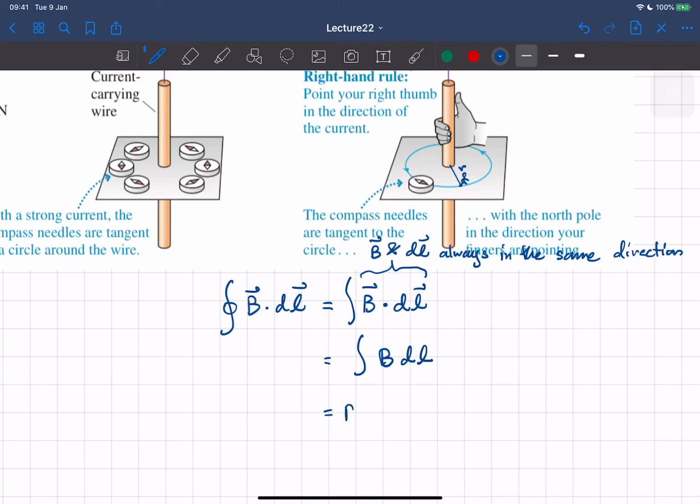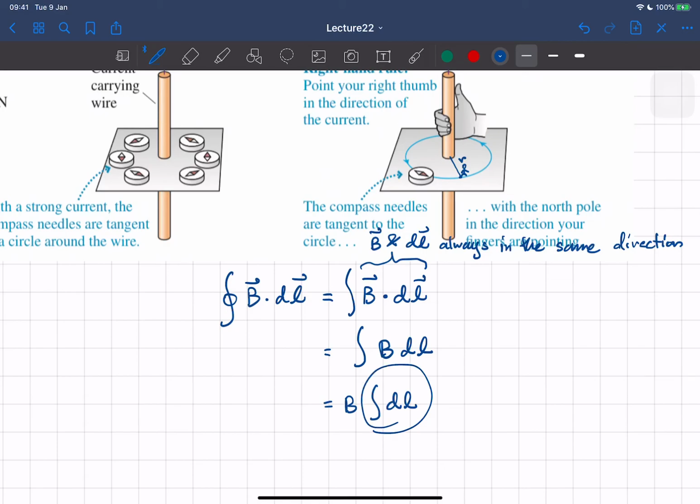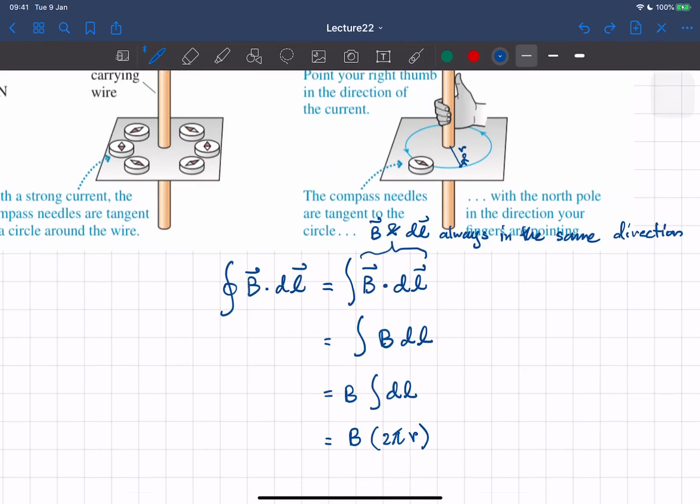So you can take this out of the integral, like this. And what is this again? Well, this one is the total length of your path, which is a circular path. So it's just the circumference of the circle, so it's just 2 pi times r. So the closed loop integral of B dot dl becomes B times 2 pi r.